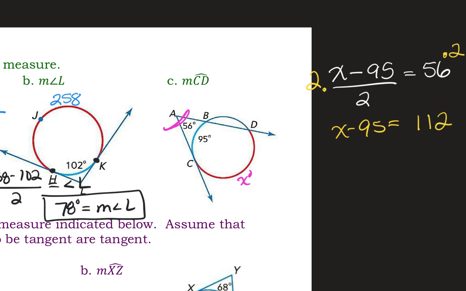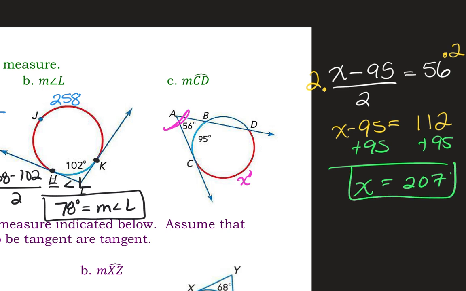And then what do we want to do with that 95? Just add it. And what's our sum here? 207? Okay. And if you want to check your answer, you know that this is the formula. So you can plug in your answer and say 207 minus 95 divided by 2, do I get 56?